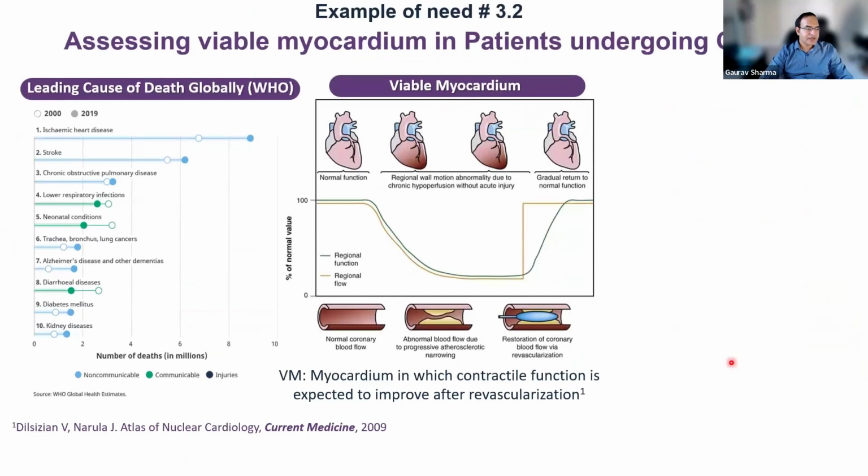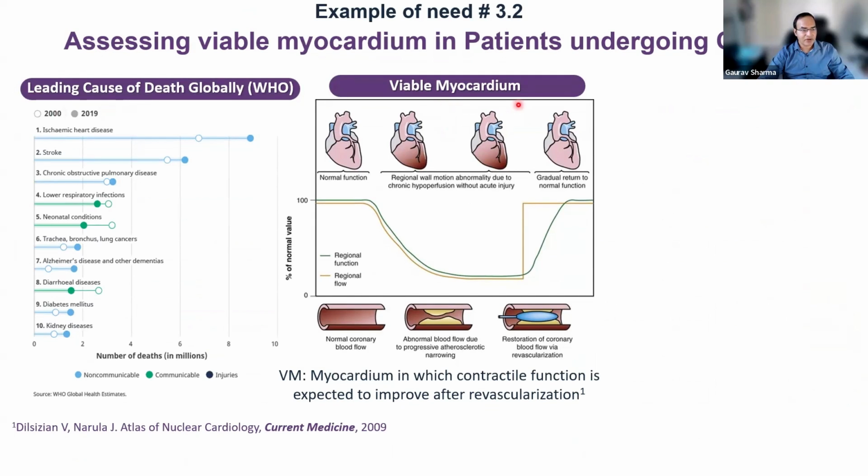We are also interested in looking at the viable myocardium, that is, the myocardium which can recover after revascularization. Why is it important? We all know ischemic heart disease is the number one killer in the world.